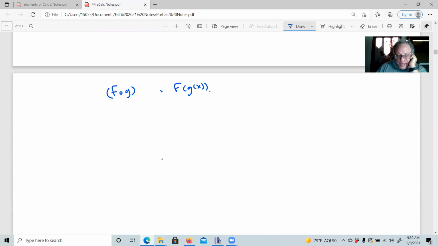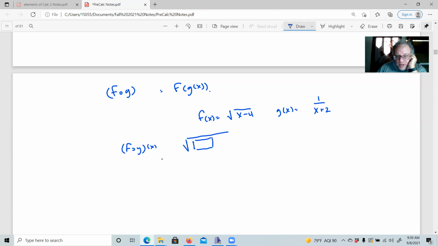So let's see here. The f of x is equal to the square root of x minus 4, and g of x is equal to 1 over x plus 2. Okay, so if I want to do f circle g, we're going to write down f, but instead of x, I'm just going to put in a box here.